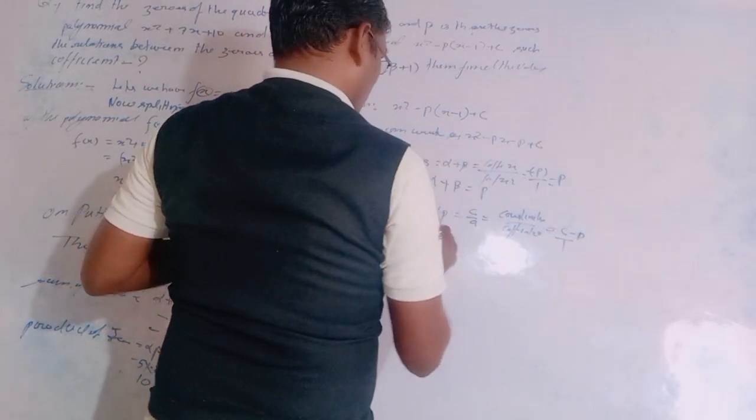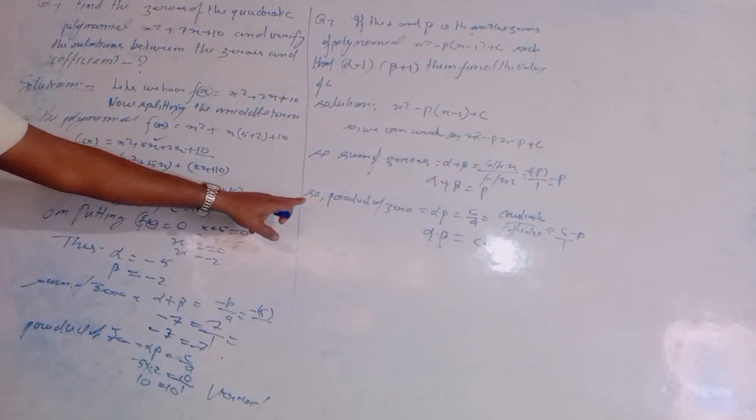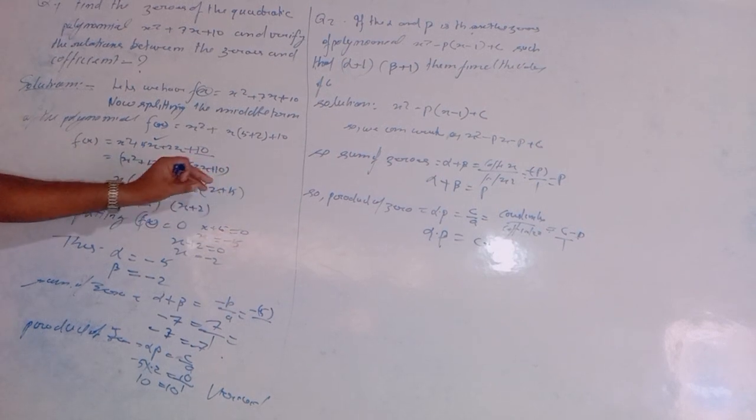So alpha into beta is equal to c minus p. So we will get here c minus p as the product of zeros.